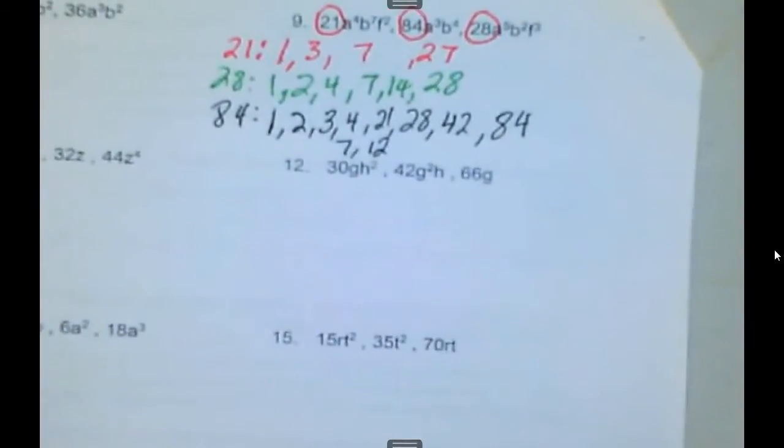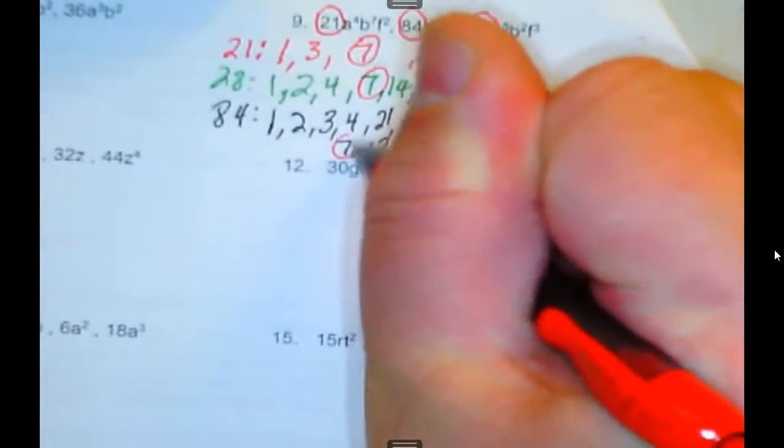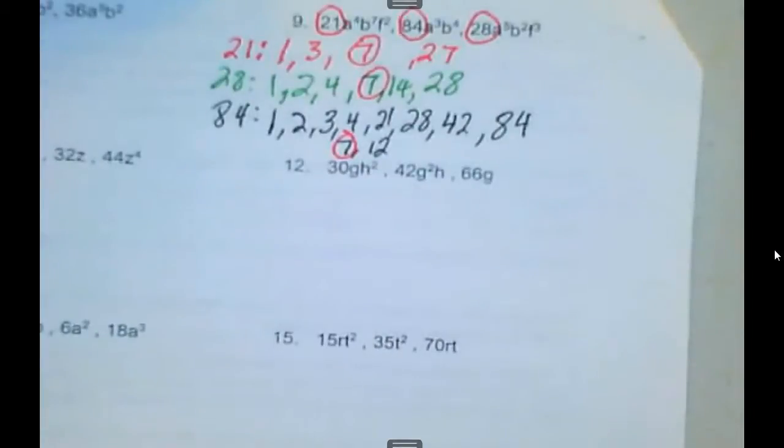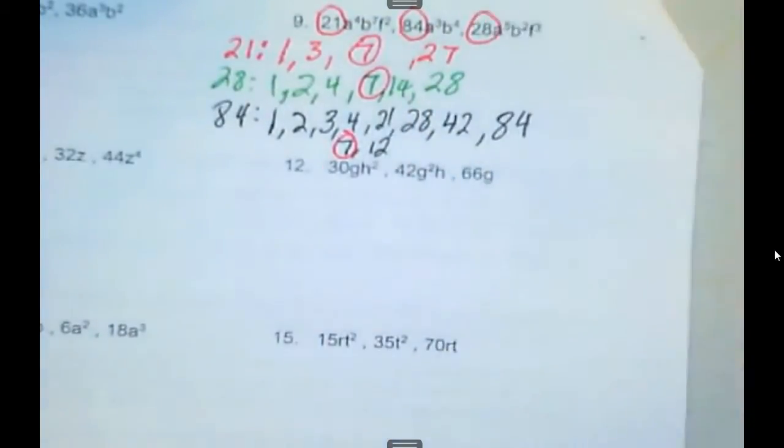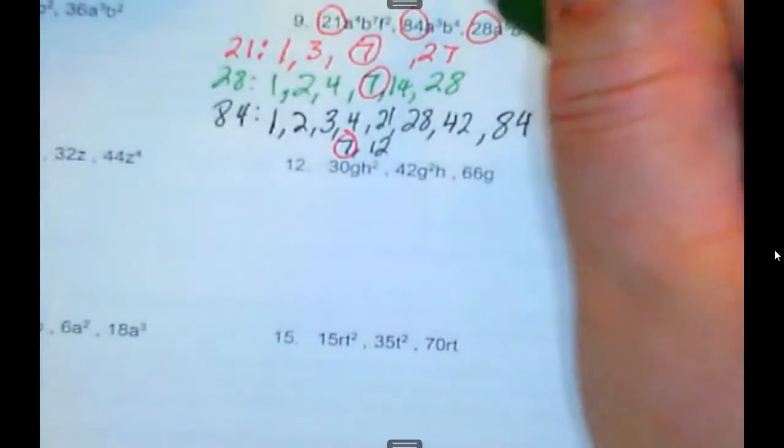All right. So what's the highest? 7. 7 here. There's a 7 here. There's a 7 there. So the greatest common factor for the numbers is 7. How many A's can I take out of all 3 terms at the same time? 3.